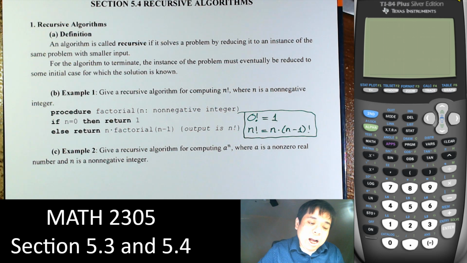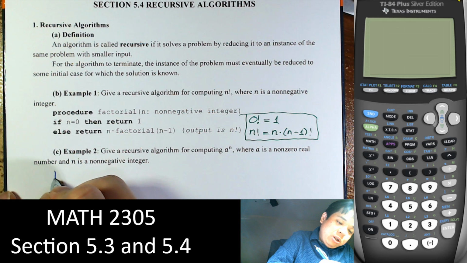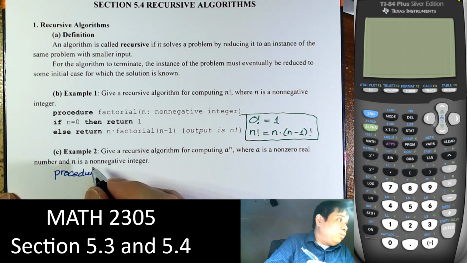Next, give the recursive algorithm for computing a to the n, where a is a non-zero real number and n is a non-negative integer. So I'm going to try to do something like this. We start with the name of the program, let's say power.